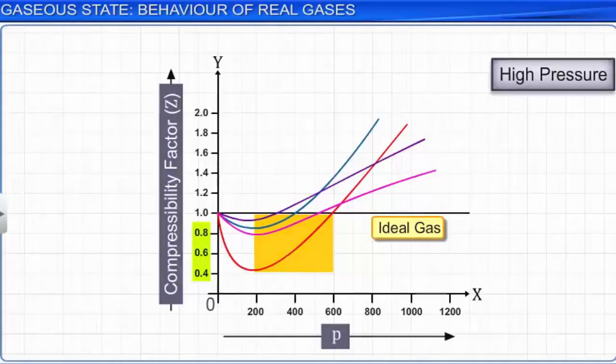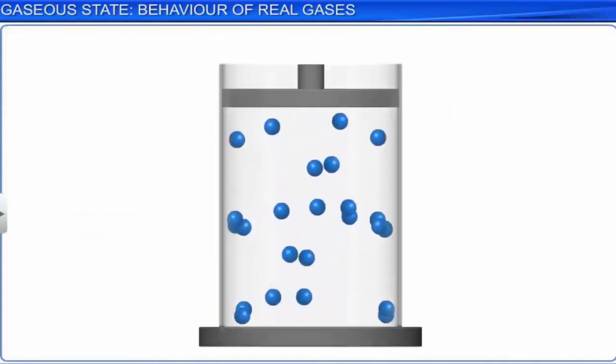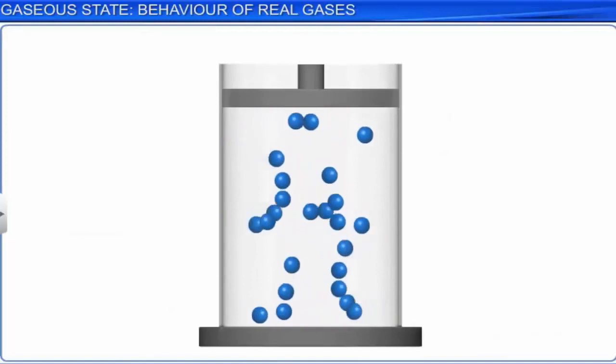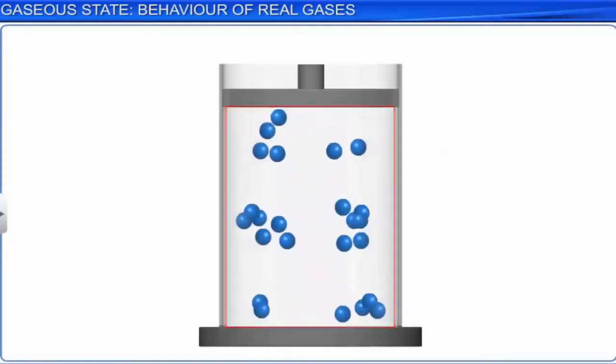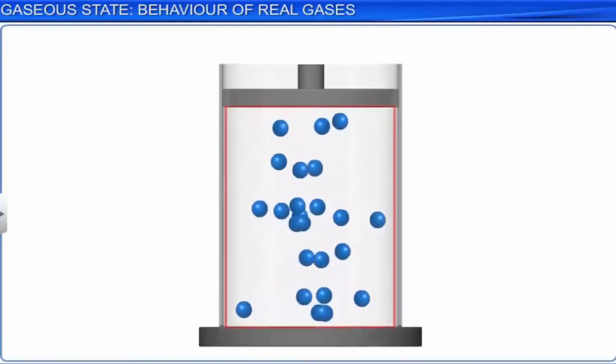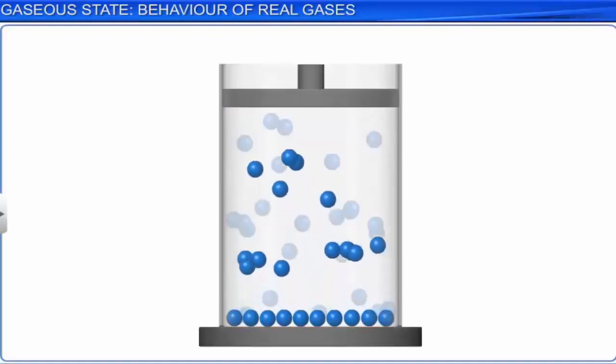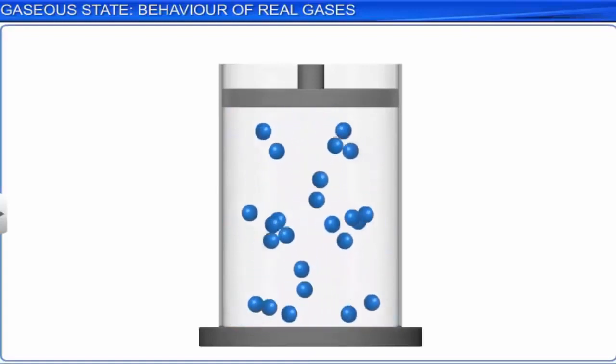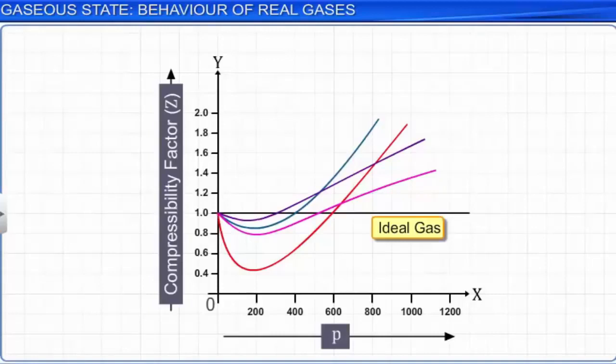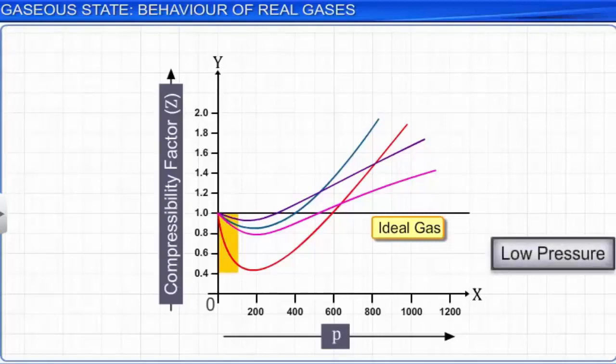Thus, we can conclude that real gases show ideal behavior when the volume occupied by them is so large that the volume of the molecules can be neglected in comparison to it. Hence, we conclude that the behavior of a gas becomes more ideal when the pressure is very low. The magnitude of this low pressure varies for each gas as it depends on the nature of the gas and the temperature.